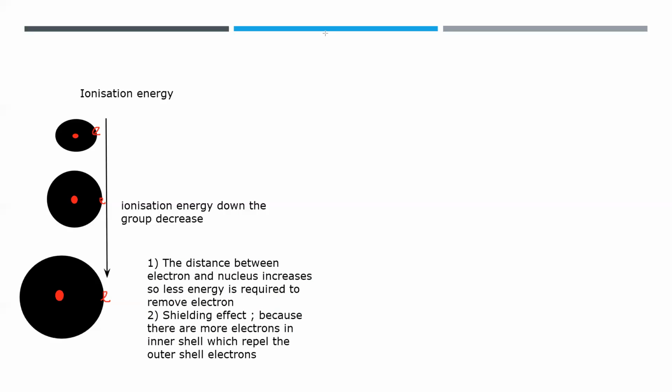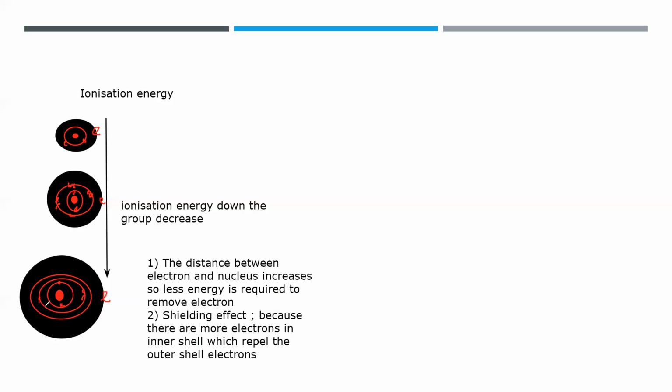As you can see, as we go down the group, the number of shells increases. This one has one shell inside, this has two shells inside, this has three shells inside. And each of these shells has electrons. This will have 2 electrons, this will have 8 electrons, and this will have more electrons.